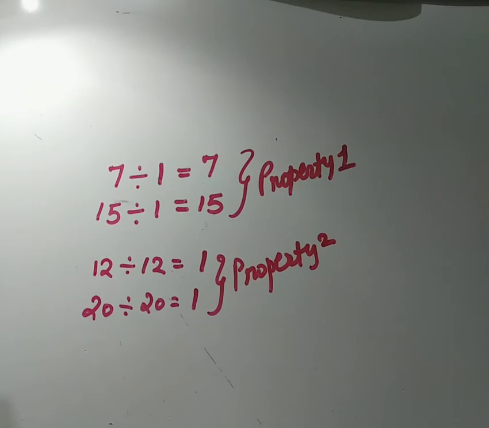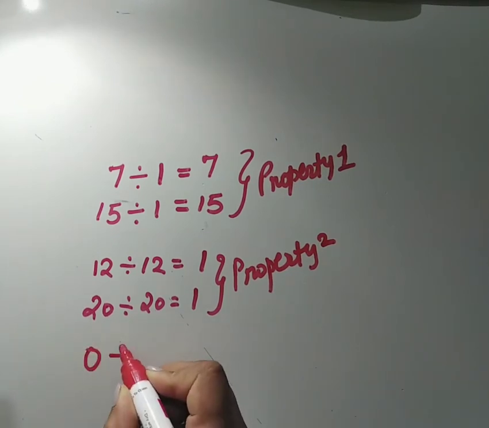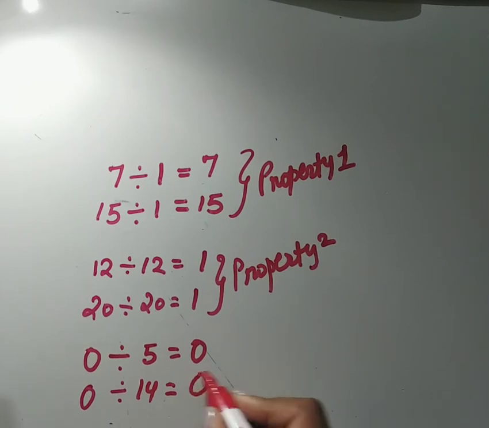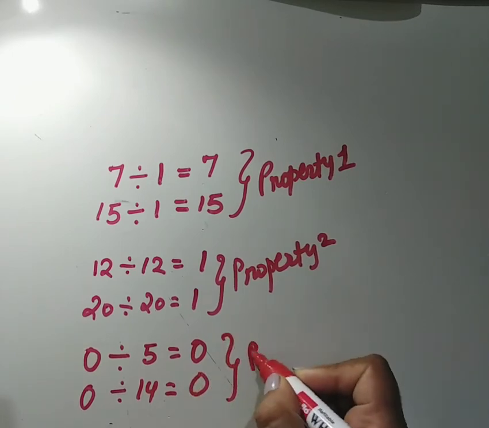And what is the last property? The last property is when 0 is divided by any number. So 0 divided by 5, the quotient is going to be 0. Alright, so 0 divided by any number, let's say 14, your quotient is going to be 0. So this is property number 3.